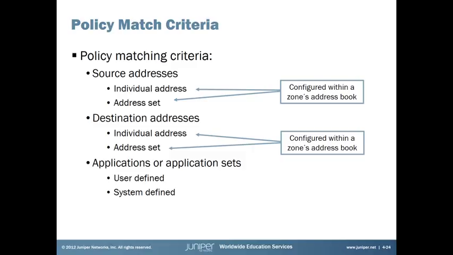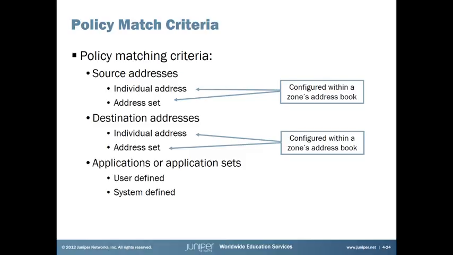Okay, so policy matching criteria. We've got a source address, which can be an individual address or an address set. So it can be just one address, or a whole group of addresses that we are matching on. Now the way that you do this is you don't actually type the IP address in the policy.